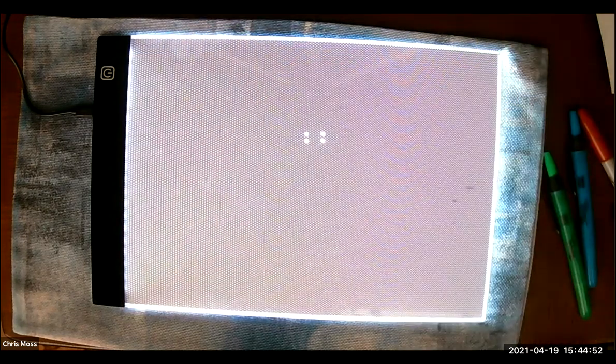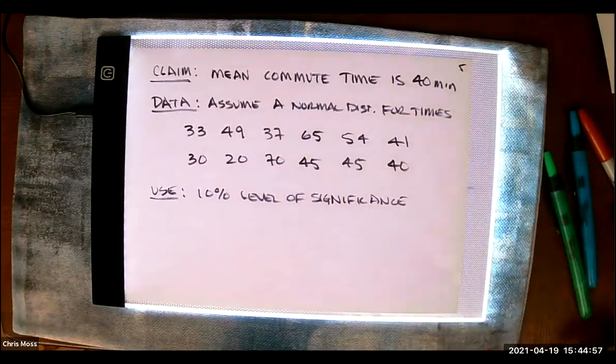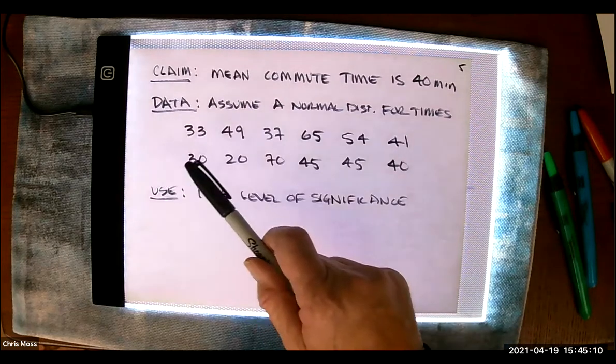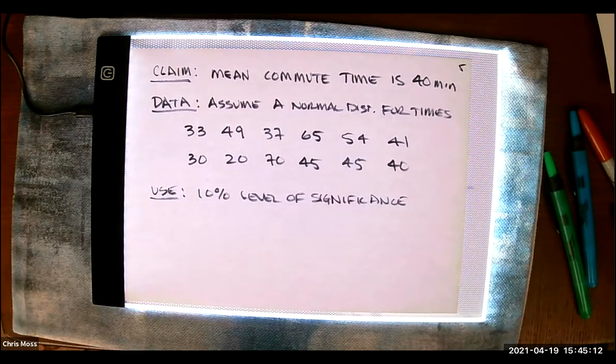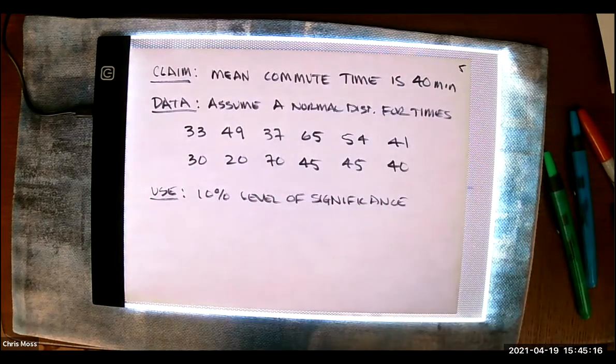Now, what are some of the subtleties here? Well, this test can be done with raw data. I don't need my summary data. I don't need X bar, S, or N. I just need sample data and some detail. So we have a claim that the mean commute time is 40 minutes. And we're going to assume that we have a normal distribution for time. And that'll enable us to use this random sample.